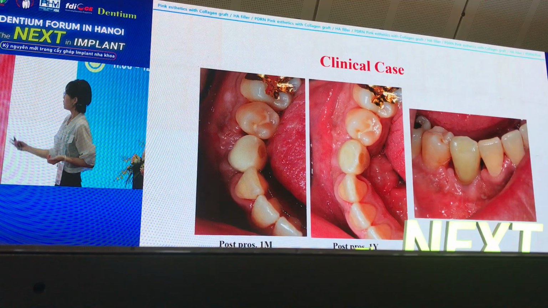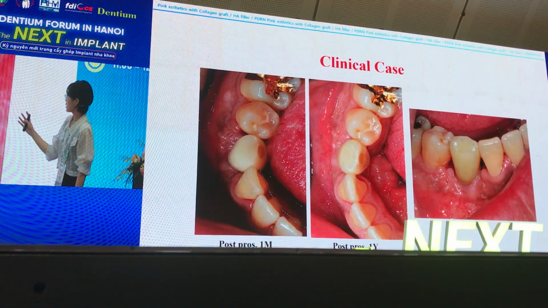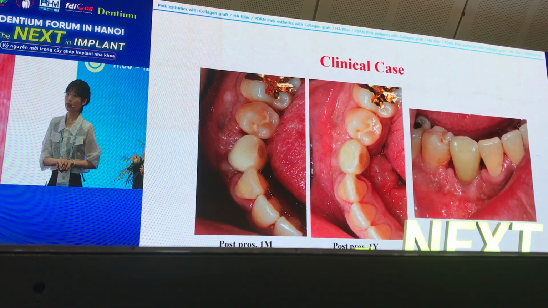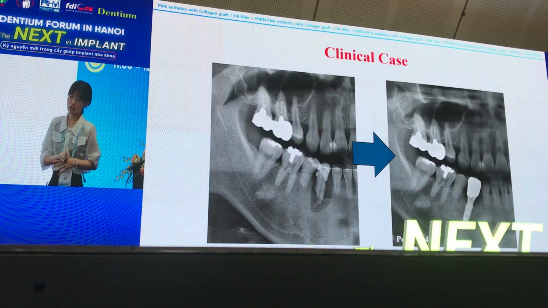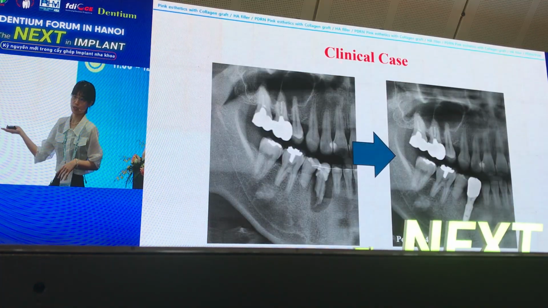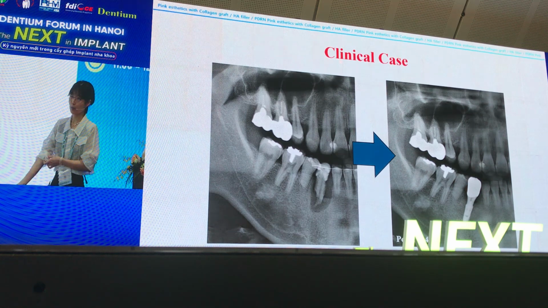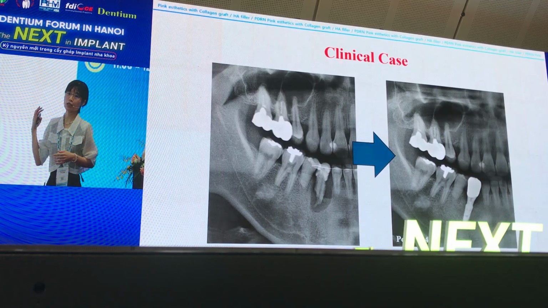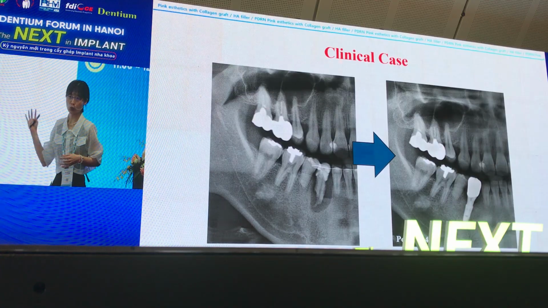So after the prosthesis delivery, you can see that the clinical outcome is good, right? So in the case of severe conditions like this, we can use simultaneous immediate implantation and also bone regeneration using the collagenated bone and also the collagen graft.